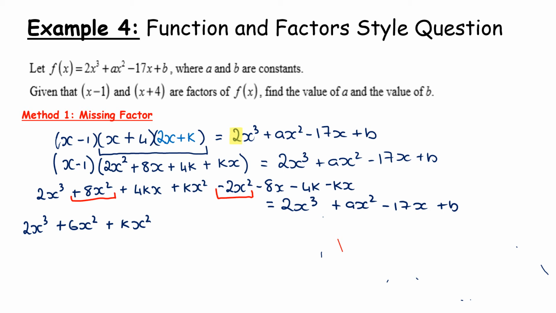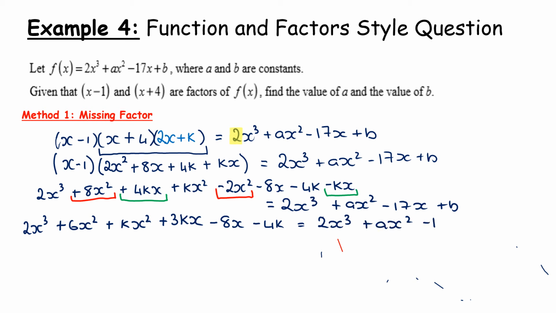Apologies, I didn't spot that. So I have a plus 4kx and a minus kx. That does clean it up a little bit for me. So I get a plus 3kx minus 8x minus 4k. So now everything's in order, and it's as simple as possible.